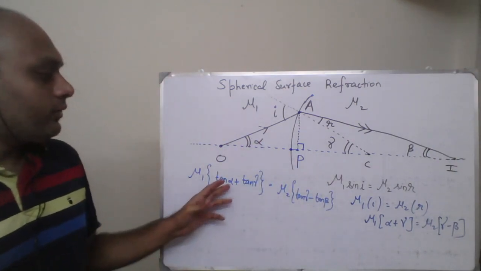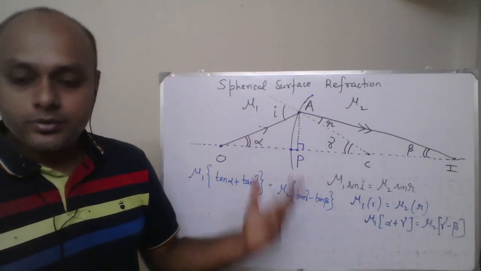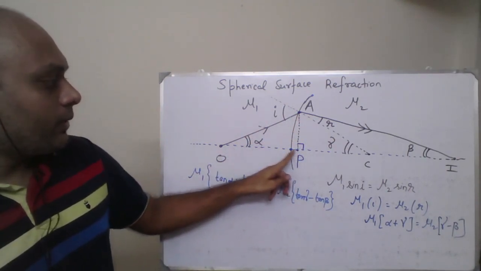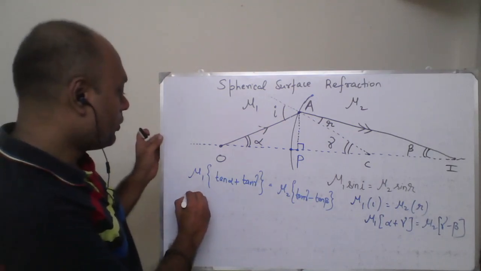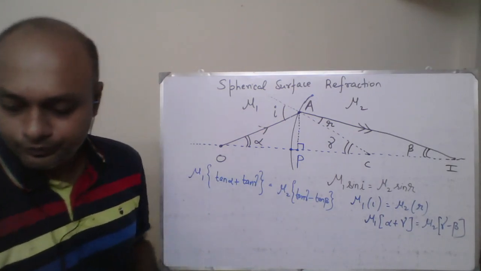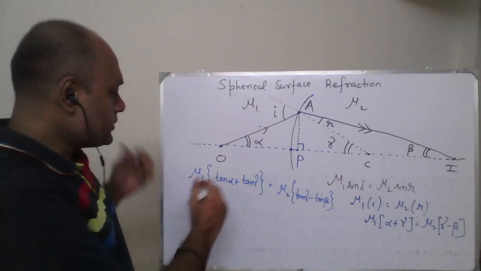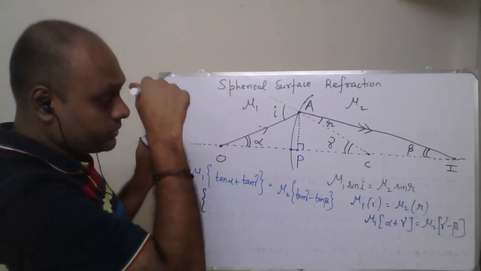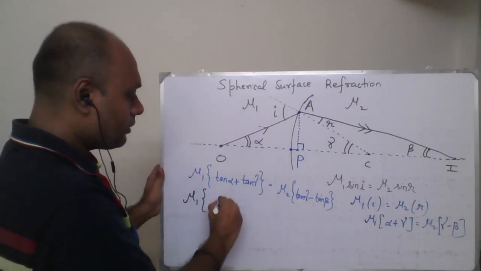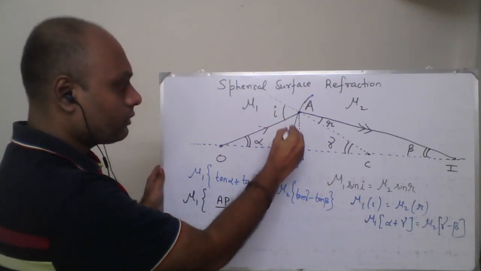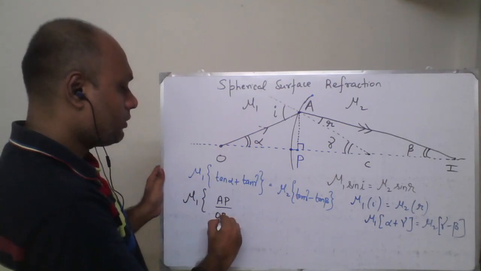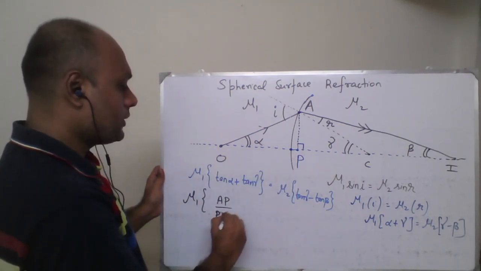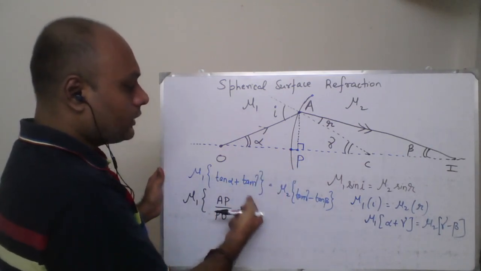Now tan alpha, tan beta and tan gamma I am going to substitute from the triangles. So look at tan alpha. Tan alpha will become AP divided by OP. Right? So I will write it like this. Mu1 times tan alpha becomes AP divided by OP. Or I will write PO, because we are going to make measurements from P. So I will write PO plus tan gamma.